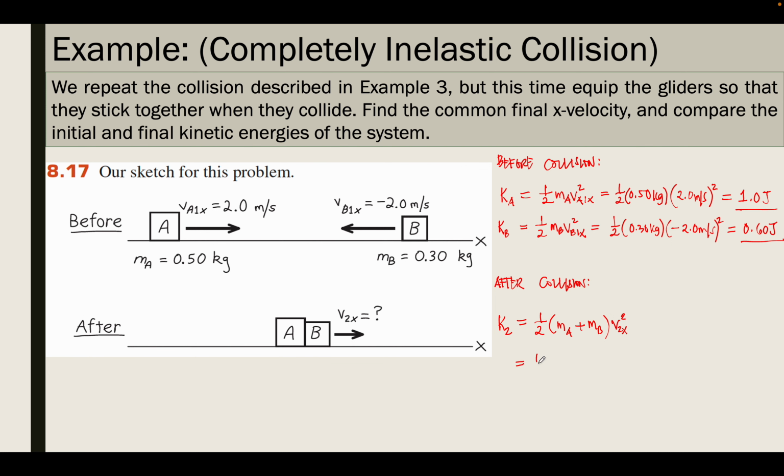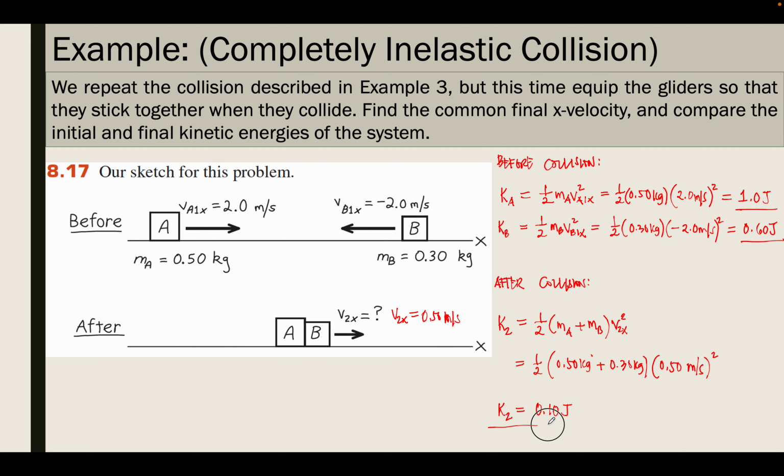Okay, so again, we have 1/2 times 0.50 kilogram plus 0.30 kilogram times, we have our V2x is 0.50 meter per second, quantity squared.